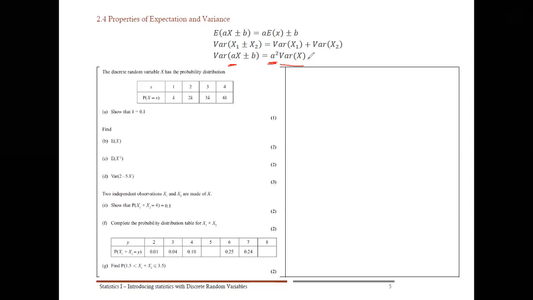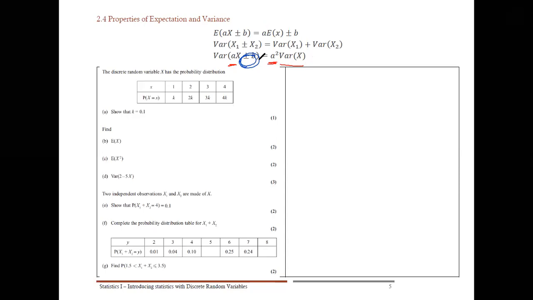How about the plus or minus b behind? Variance is not like expectation, because with variance we are looking at the difference between the data value and the mean. So any constant value that you add or subtract to an expression will not affect it.